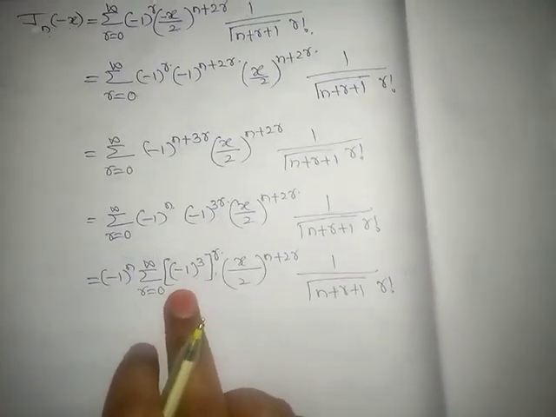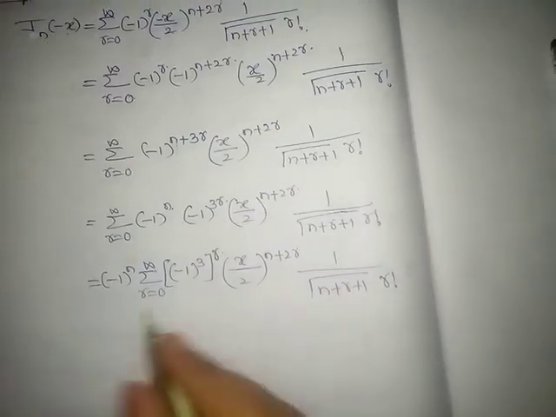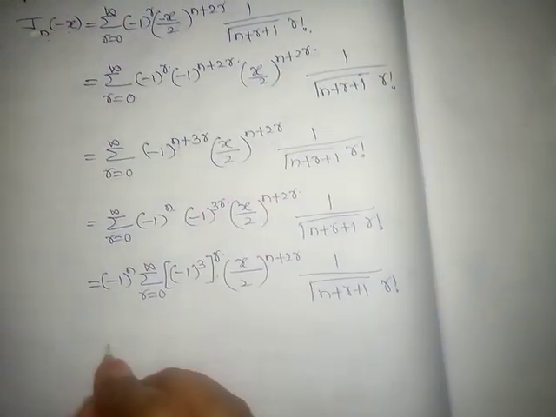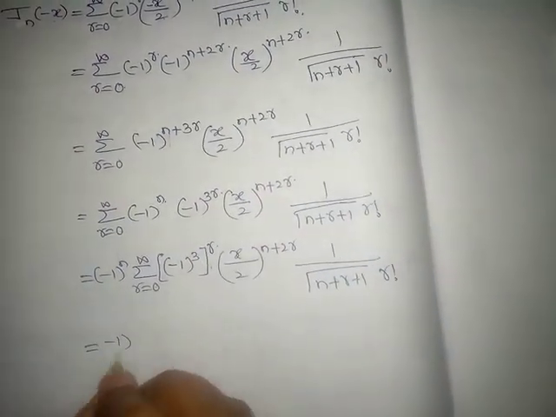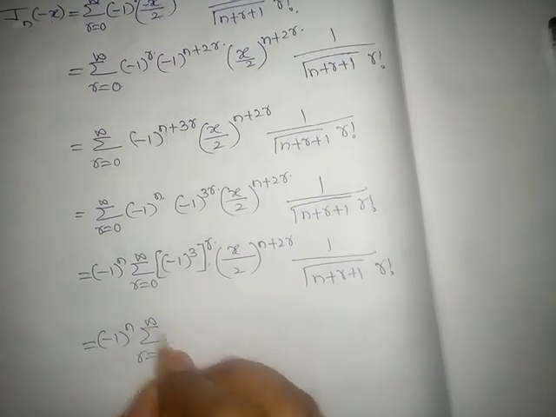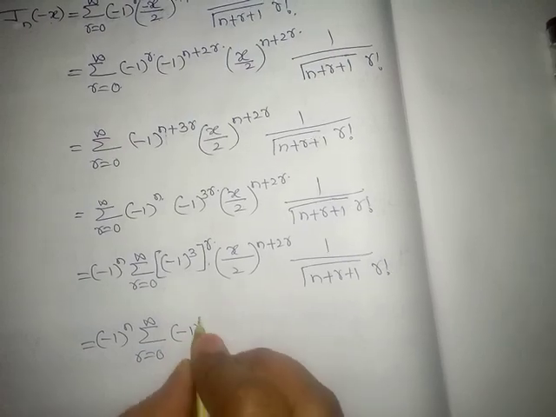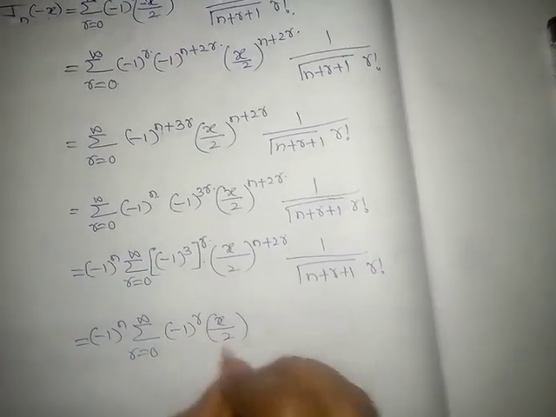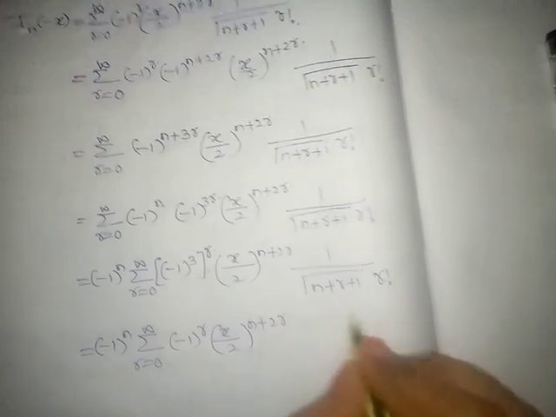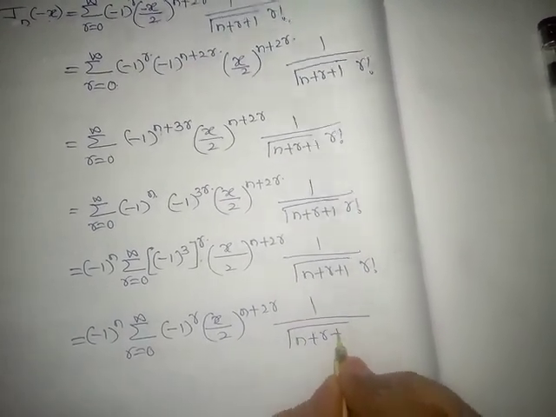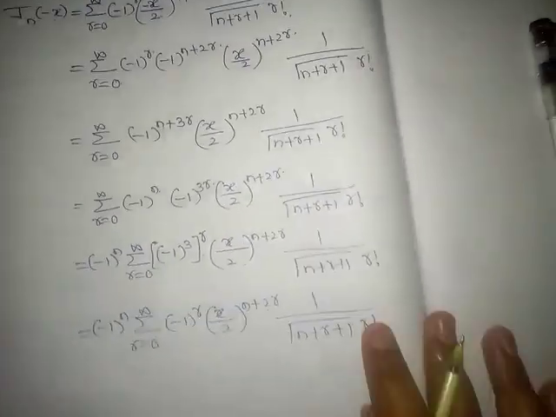Now what is the value of minus 1 cubed? It is minus 1 only. Therefore minus 1 raised to n summation r running from 0 to infinity minus 1 raised to r, x by 2 raised to n plus 2r, 1 divided by gamma of n plus r plus 1 into r factorial.